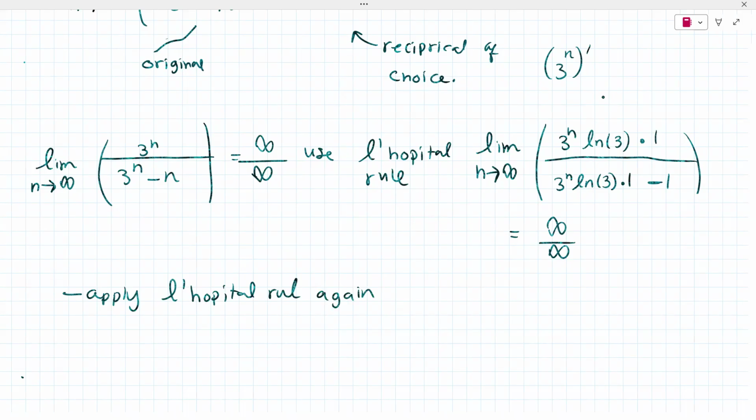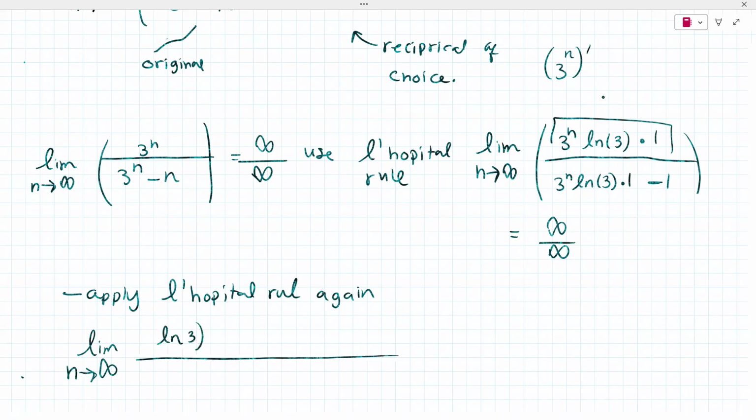Okay, so if you take the derivative of this, it's going to be the limit as n approaches infinity of ln of 3 times 3^n times ln of 3 times 1.